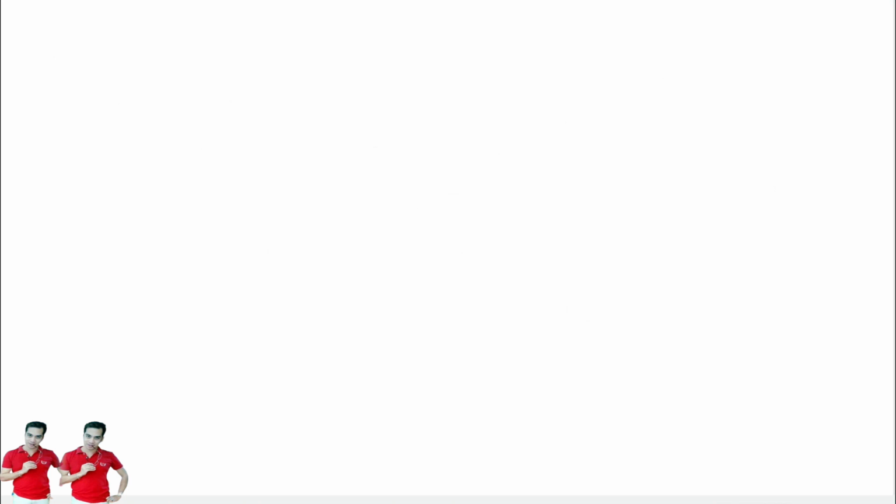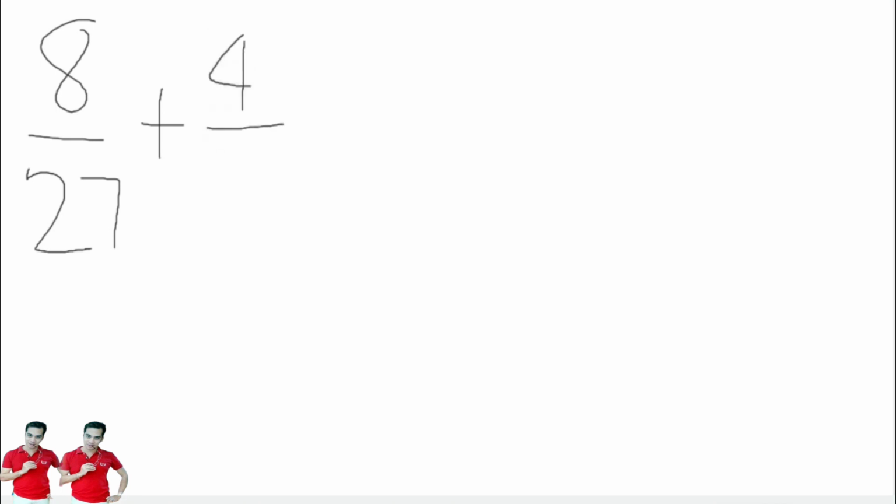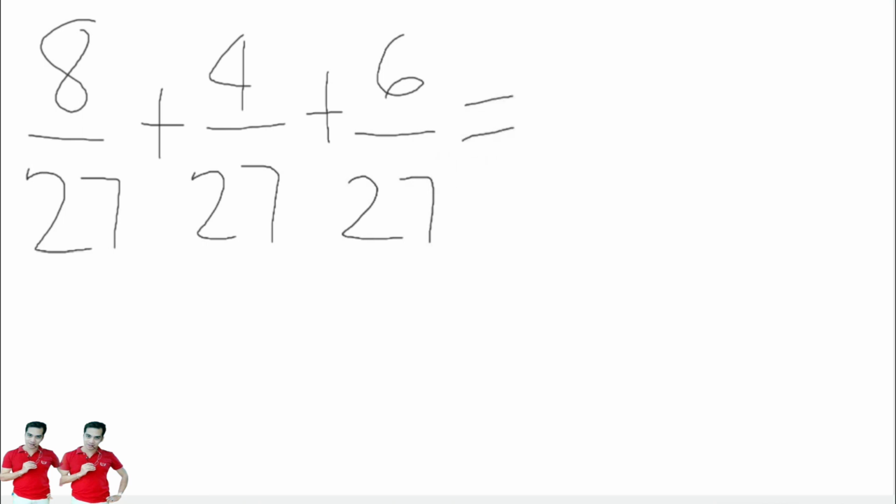Another example. 8 over 27 plus 4 over 27 plus 6 over 27 equals, just add again the numerator, 8 plus 4 plus 6, the answer is 18 over 27.